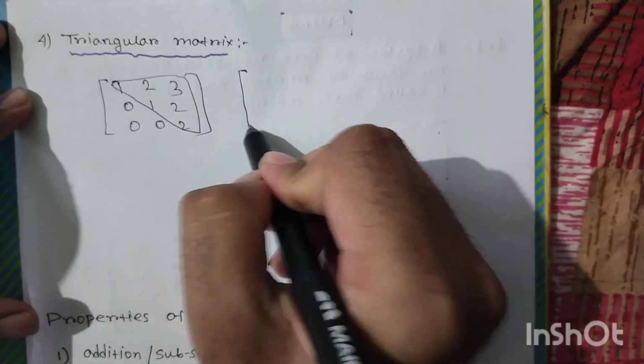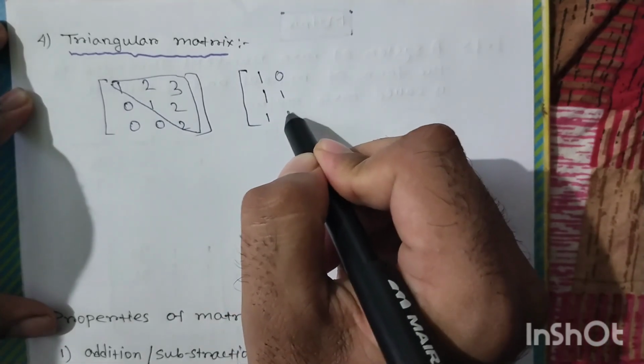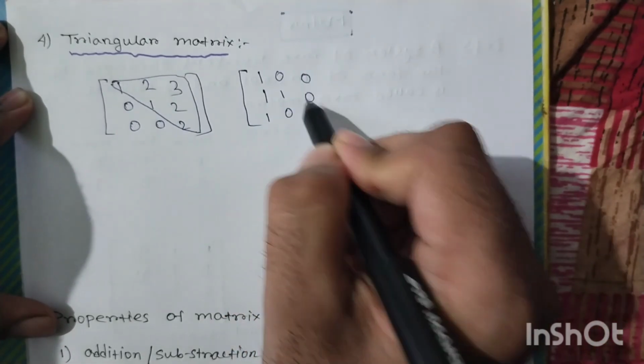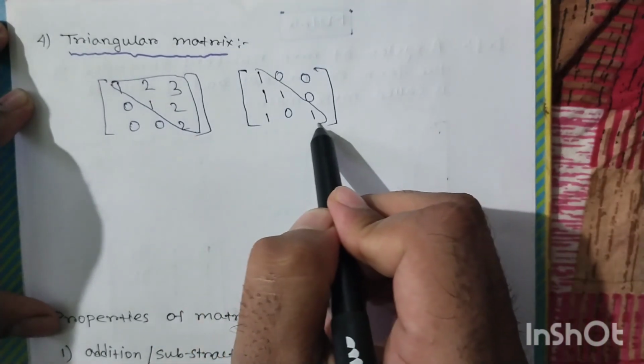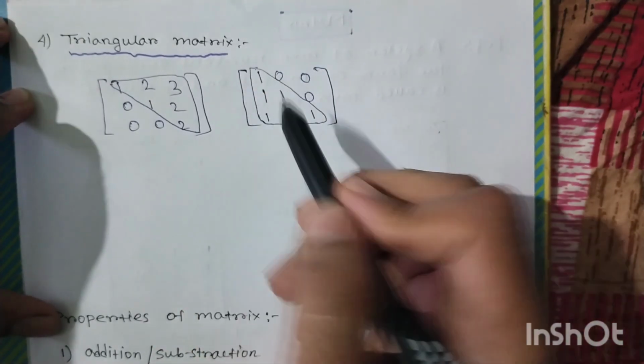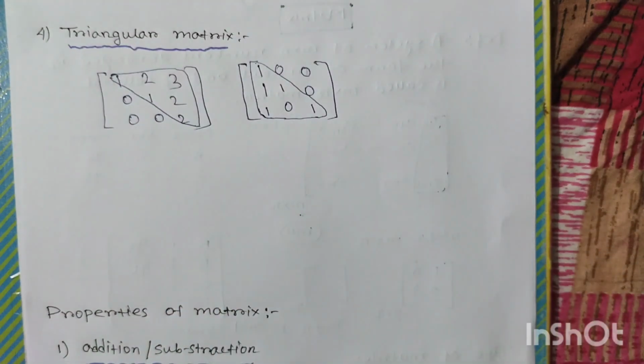Okay, now another example. Observe here. This also gives a triangular format.